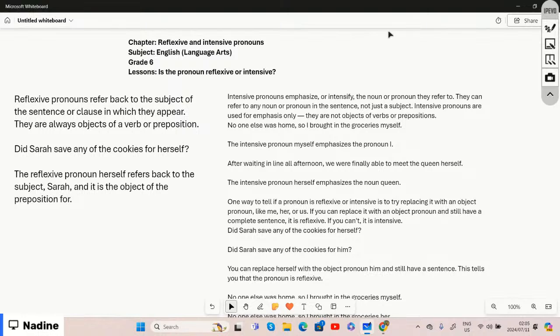Like I said, this is a continuation of our previous lesson, so today we are going to finish off by doing only one lesson. It's almost like giving a summary of what reflexive and intensive pronouns are.